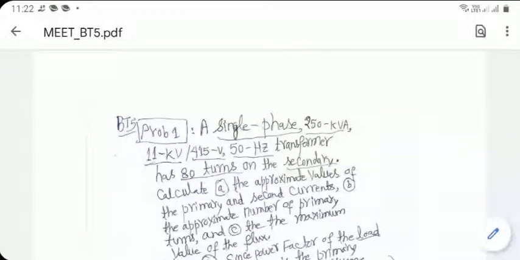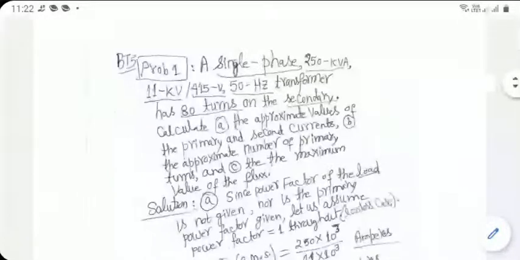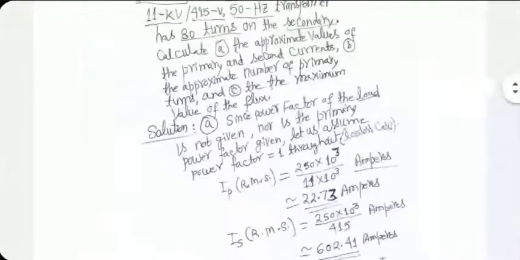So you take the kVA rating and divide it by kV rating for the primary to get the full load primary current. 250 multiplied by 10 raised to the power 3 divided by 11 multiplied by 10 raised to the power 3. This is how you get the primary current, full load primary current.